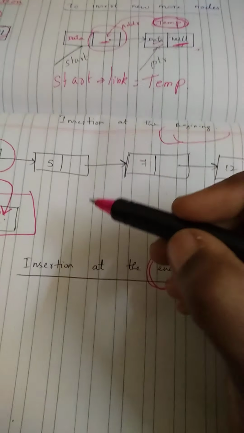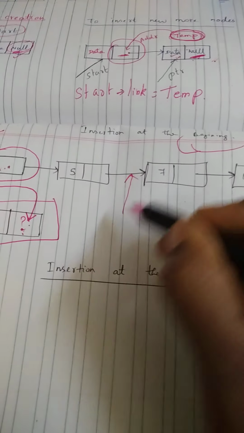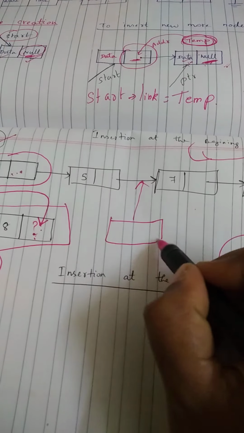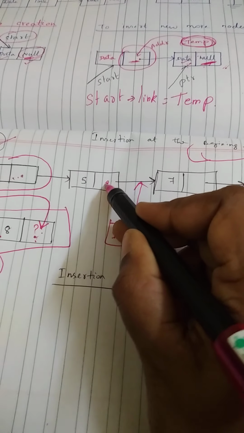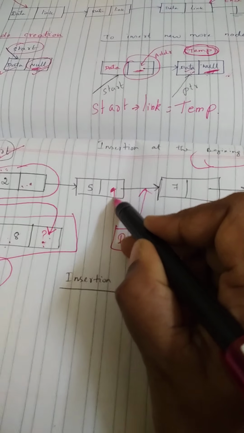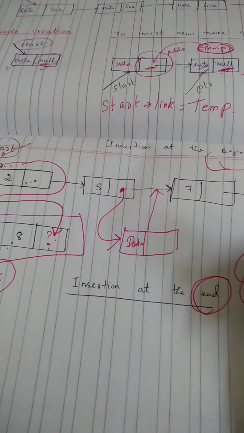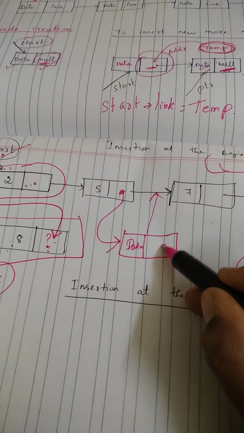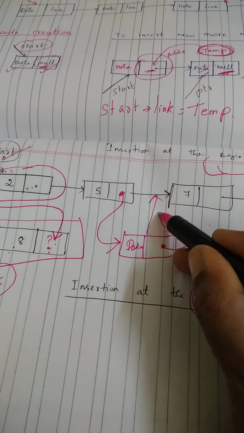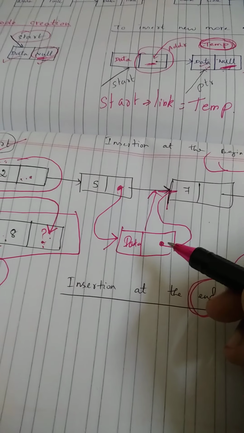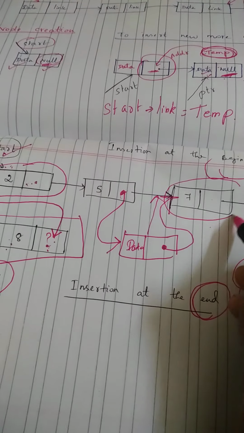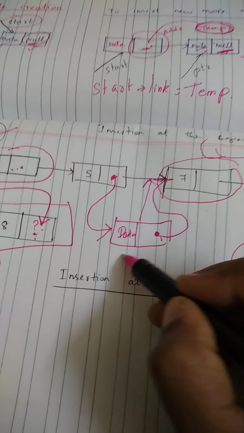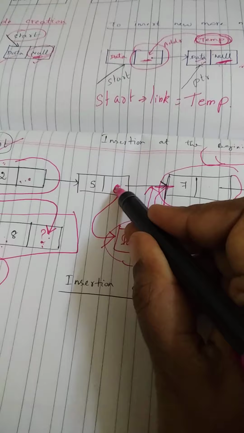And if I want to insert some element in between, what do I have to do? This address pointer should be connected to this, and this address should be connected to this, which means that the address of this node should be placed here and the address of this node should be placed here.